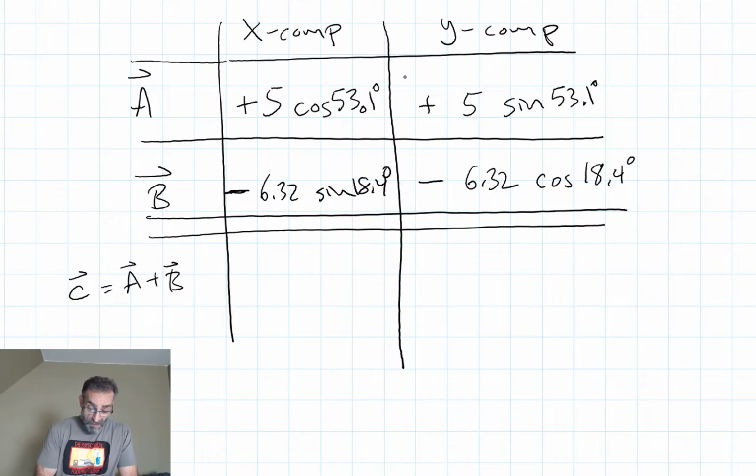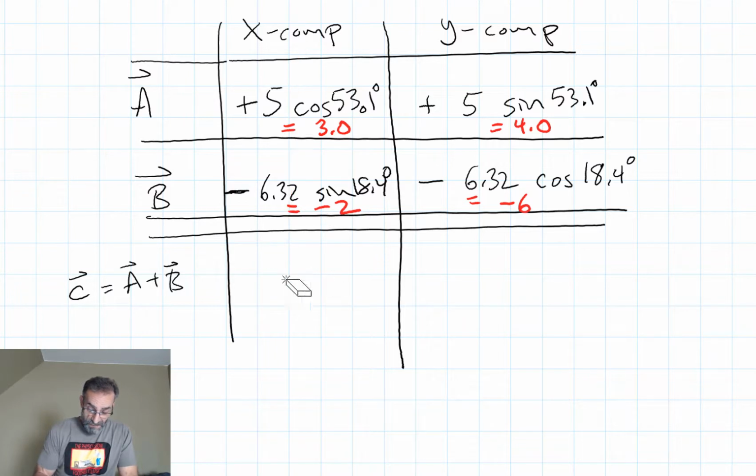So for my x component, I'll put the numbers here in red. I got 3. And for my y component, I got 4. And for my y component, I got 6 in the negative direction. And for my x component, I got 2 in the negative direction. So I add these up.